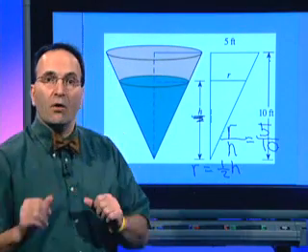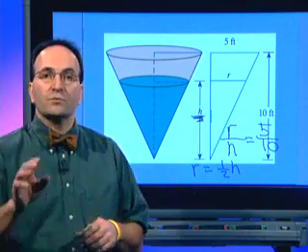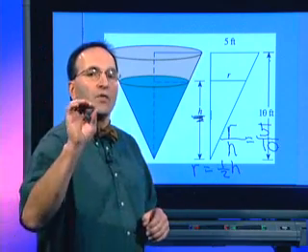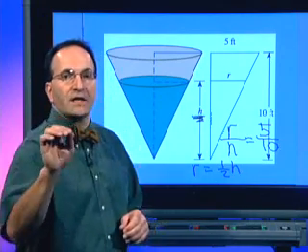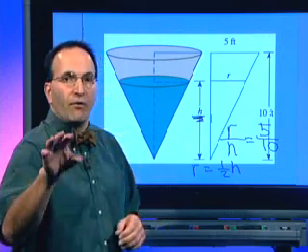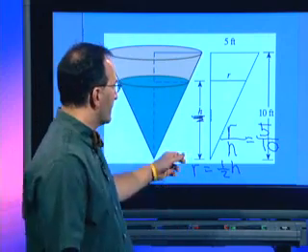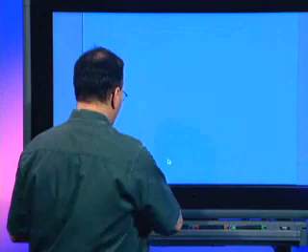So let's get going with the problem itself, which is we're interested in the water level rising, which is we need to use the formula for volume. So let's write that down.